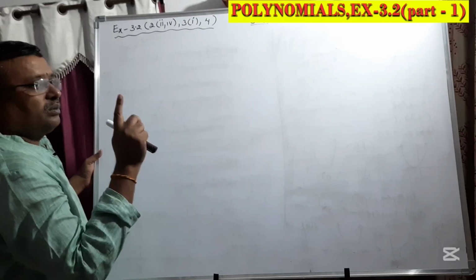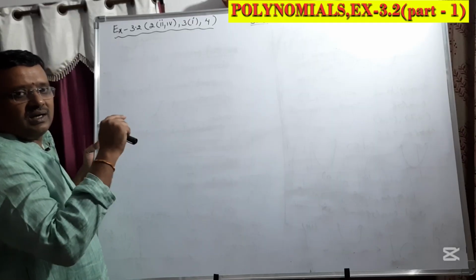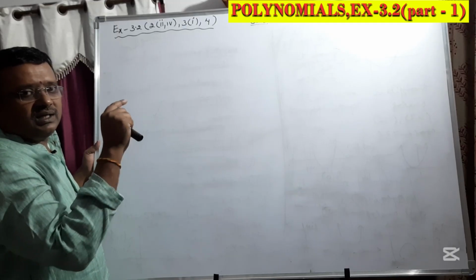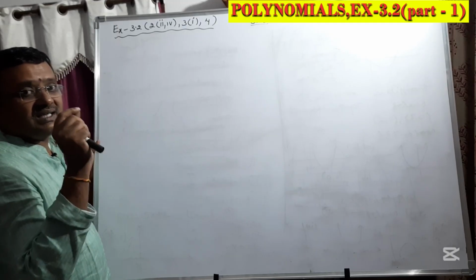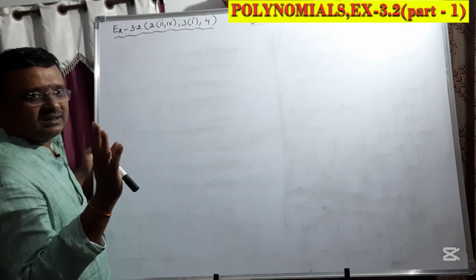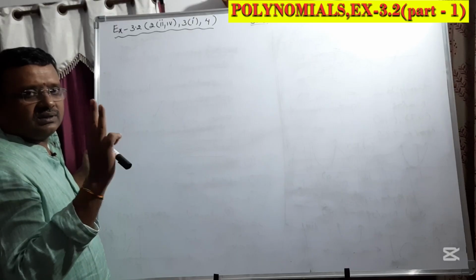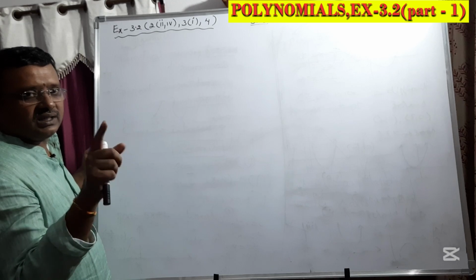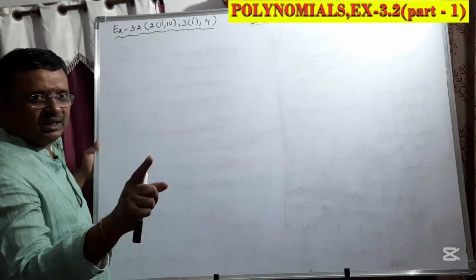First bit is regarding graphical representations. In that you just count how many times the curve is intersecting the x-axis. If it is intersecting the x-axis 3 times, 3 zeros will be there. Which axis? X-axis only.